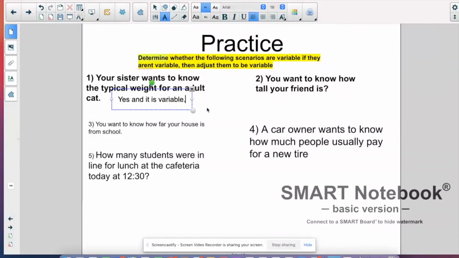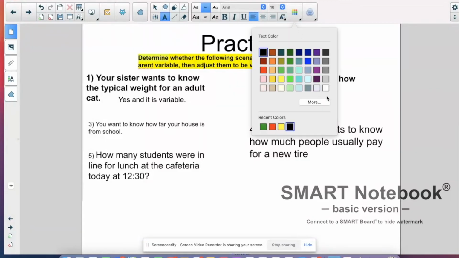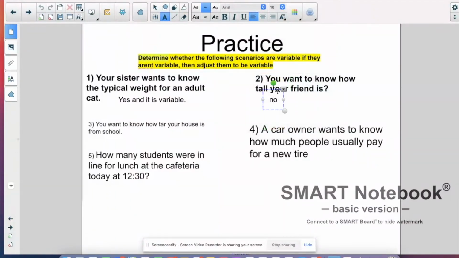Number 2, you want to know how tall your friend is. Is this a statistical question? No, it is not. Because how many friends did you ask? You asked one friend.